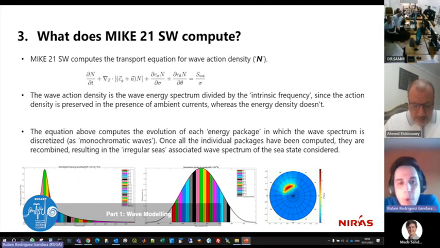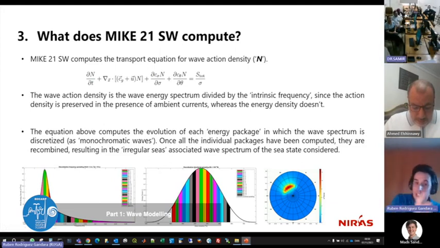So I will not bore you with more details of the equation, but what you have to pay attention to is that you have two sides in the equation, the left hand and the right hand. If you look at the left hand, you will see that the letter N appears in all the terms. What does it mean?